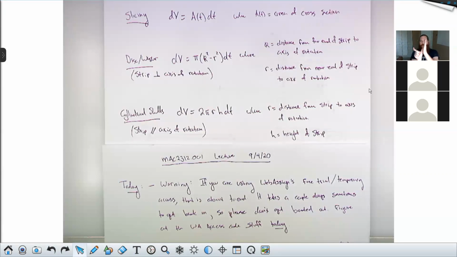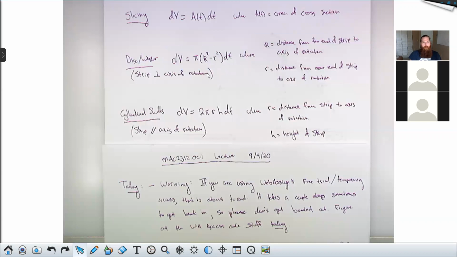Sometimes this is 0. If little r is 0, that means you're dealing with a disk rather than a washer. But it's the same method, and it has the same formula. Just if little r is 0, this goes away. So having drawn your region, drawn your strip, and identified these two distances, you then integrate this, which is the volume of the little washer.